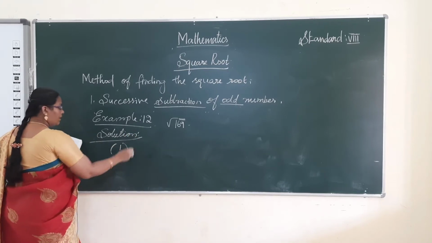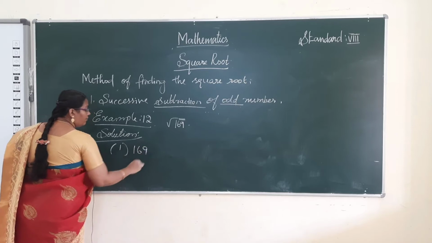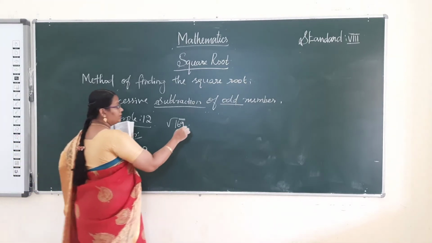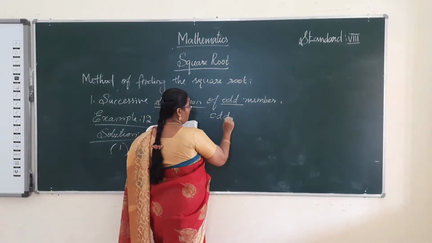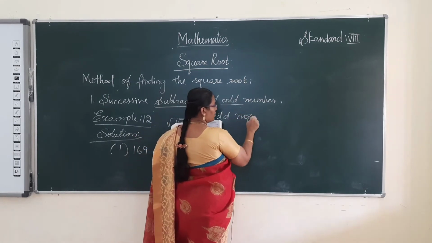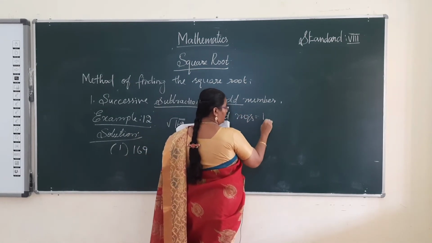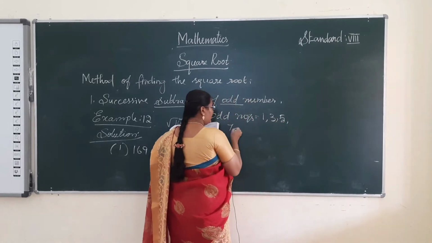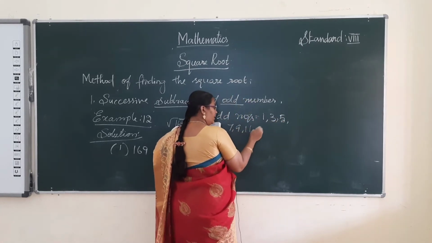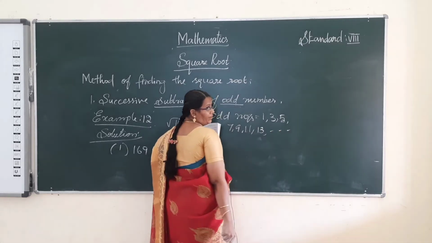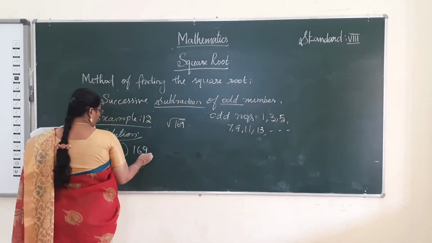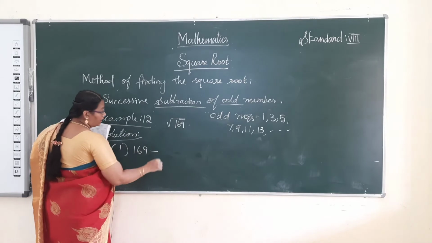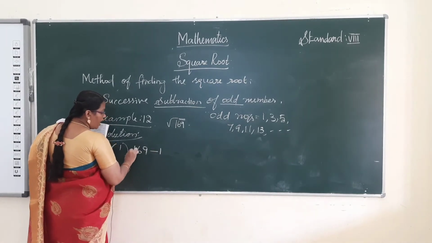First, 169. What are the odd numbers? 1, 3, 5, 7, 9, 11, 13, going on endlessly. First odd number 1 is subtracted from 169.